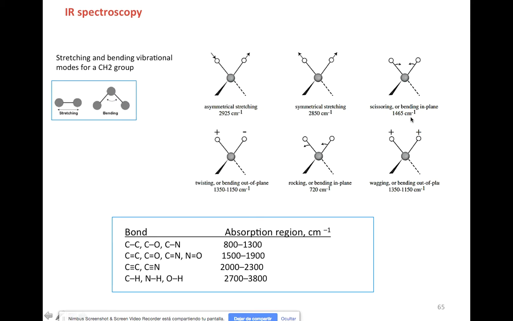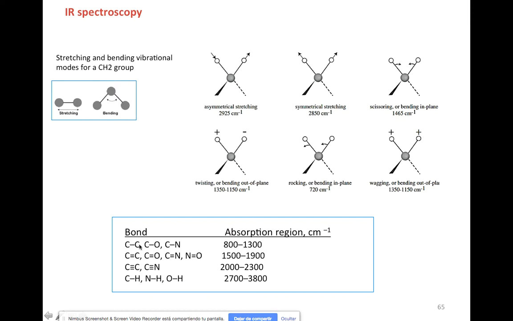So what this technique gives you is the ability to identify chemical functional groups in your material, and the different groups or bonds can be seen in different absorption regions in the infrared spectrum.